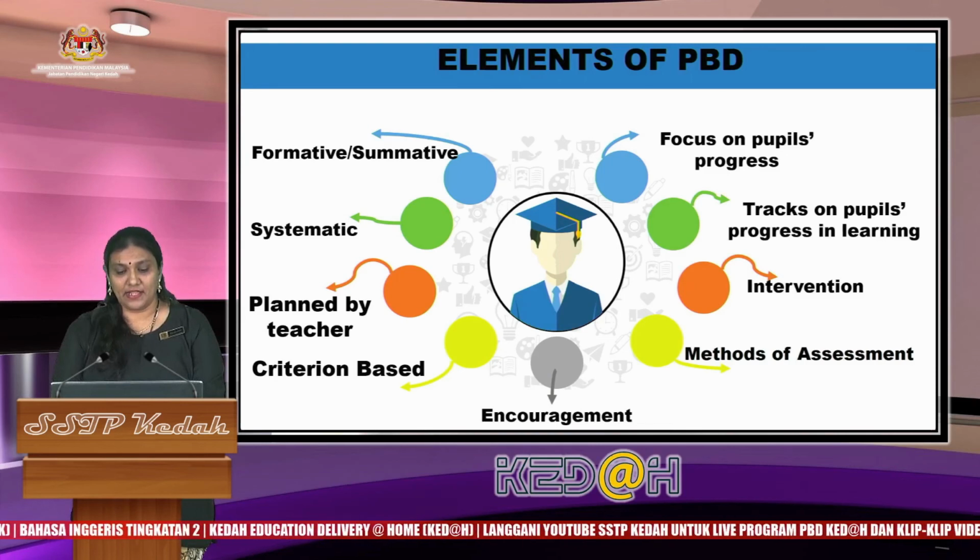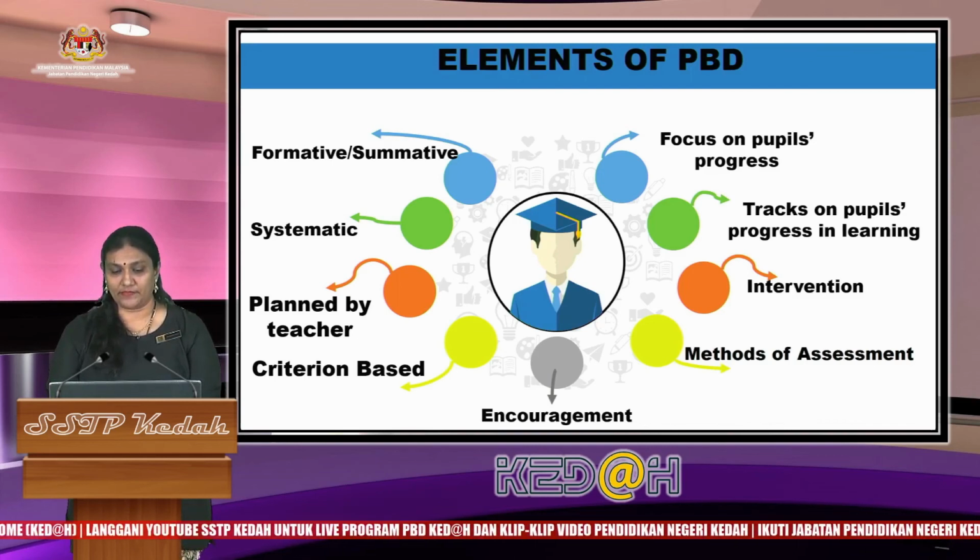Second and third, it is done systematically and planned by the teacher, where the teachers enter the class and plan her lesson, determine the type of instrument, conducting the lesson, recording, analyzing, and doing follow-up plans and reporting.